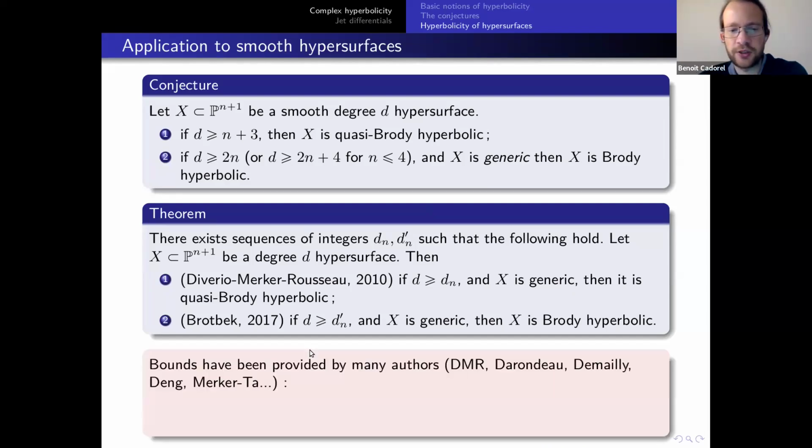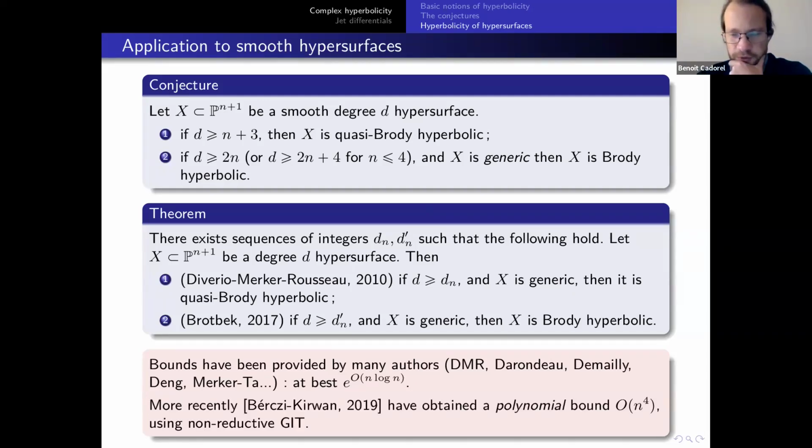And the bounds were improved by many authors. Diverio, Merker, Rousseau gave a bound for d_n. Darondeau, Demailly, Deng, Merker also worked on this problem to improve the bounds, and at best they obtained such a bound, an exponential of some constant times n log n, so n to the power of some constant times n.